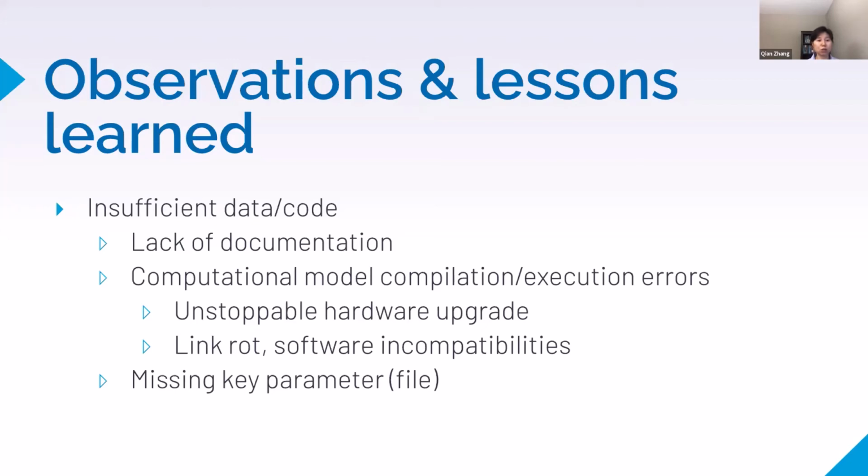Also, as I mentioned earlier in the paper, there are link rot and software incompatibilities after these upgrades, and we run into such issues when we cannot access the specific version of the software or hardware infrastructure. Sometimes the key parameter information or parameter values are missing.